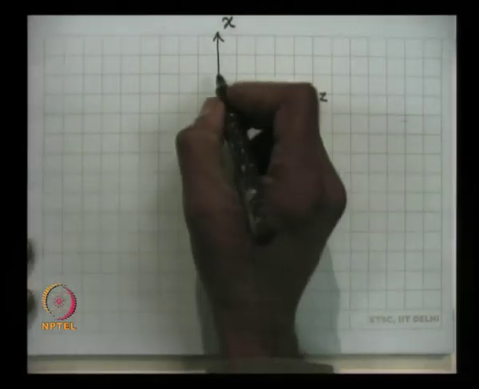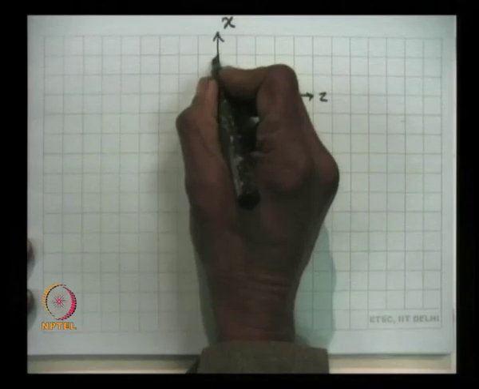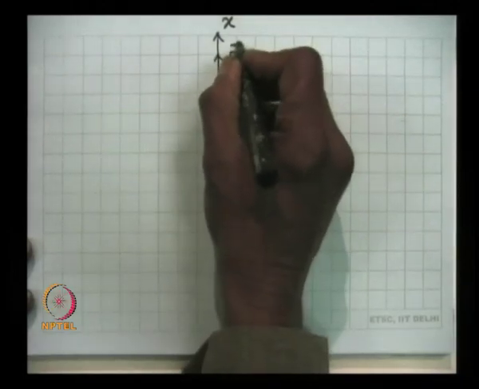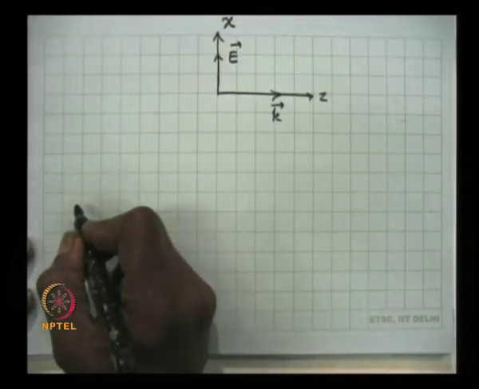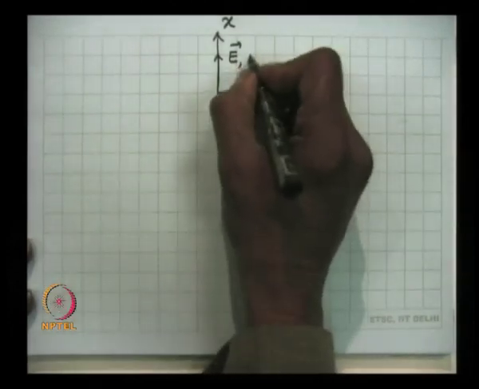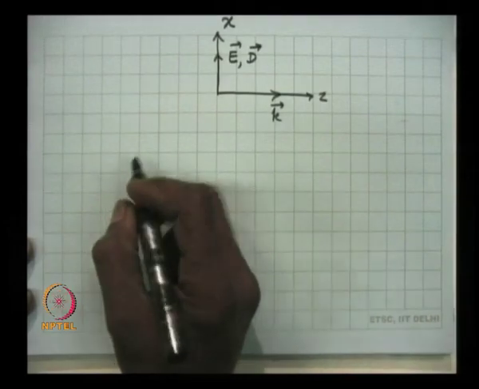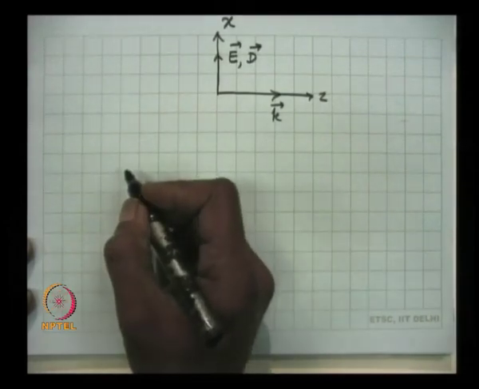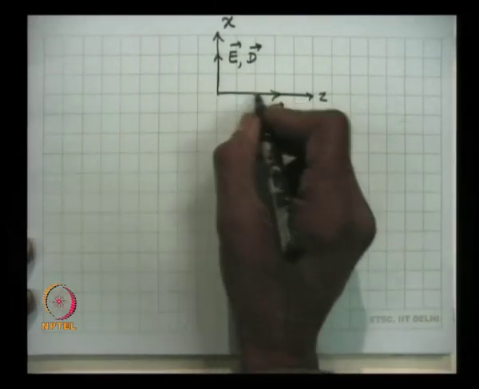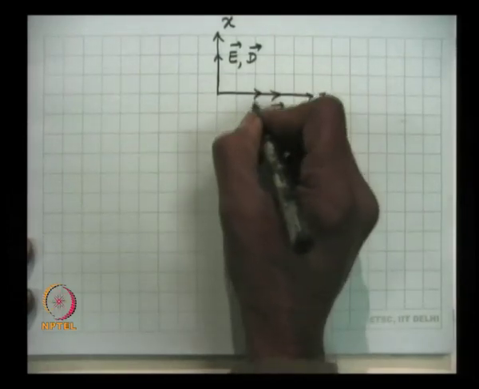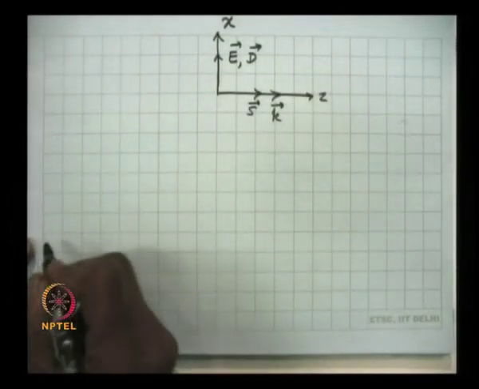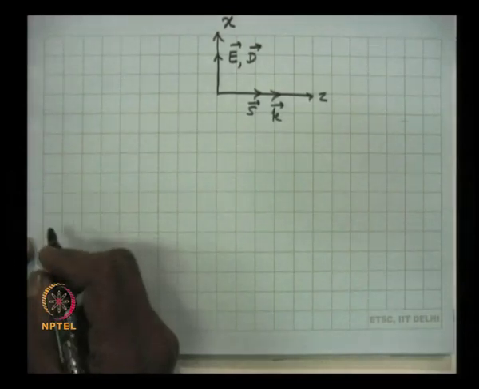The first solution with an electric vector pointing along x, the corresponding displacement vector also pointing along x, because if E is along the principal axis, the d vector is also along the principal axis, and because E is now perpendicular to k, S is also perpendicular to d, and S and k are parallel.